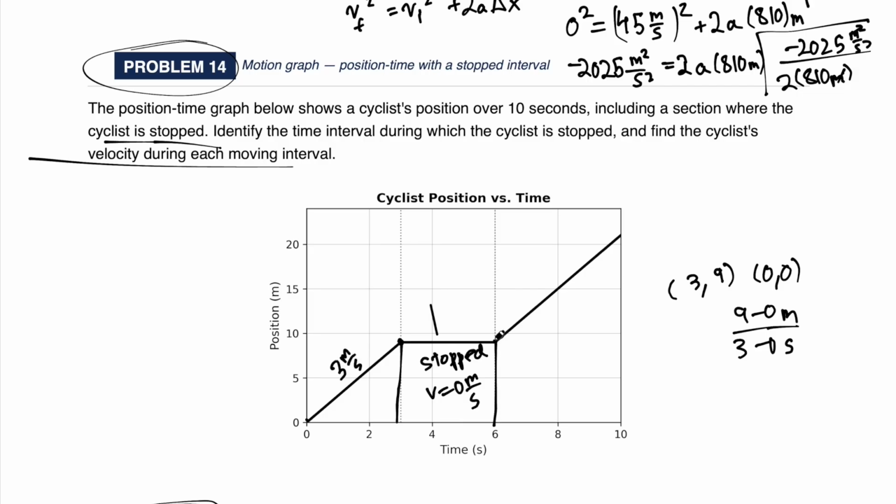Over here, I start at 6, 9. And I end at, this slope is the same as this. I'm just going to use this point here. 8, 15. 15 minus 9 is 6 meters. Over 8 minus 6 is 2 seconds, which is 3 meters per second yet again.